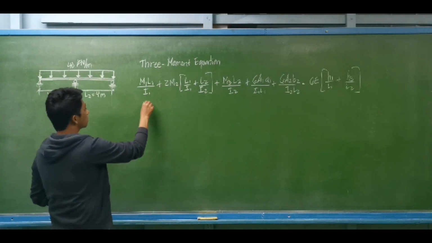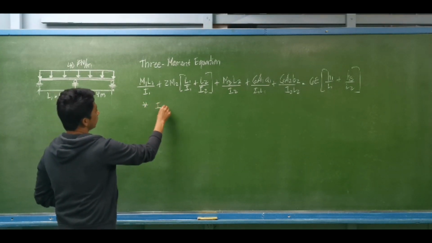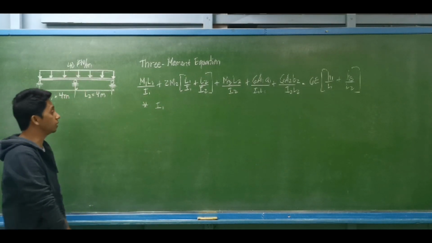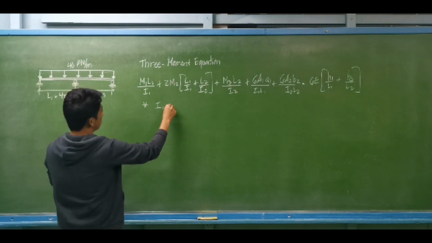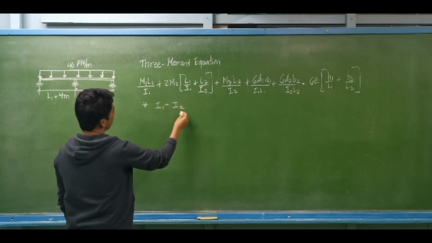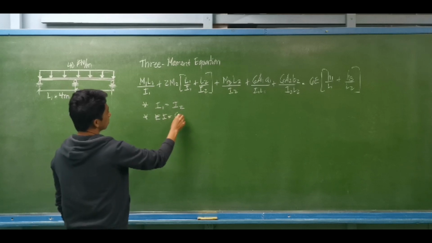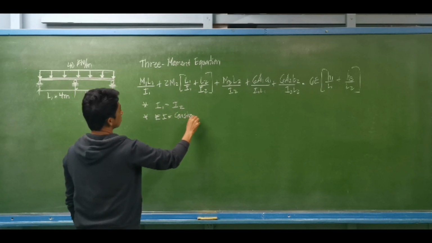But for the cases that we have constant dimension or constant properties of the beam for all spans, let's say I1 is equal to I2, or in general, EI is constant.